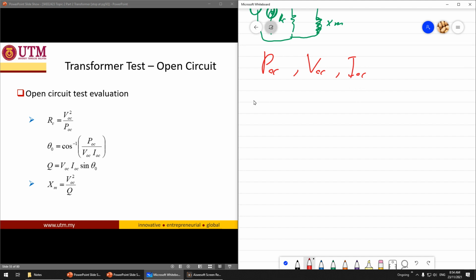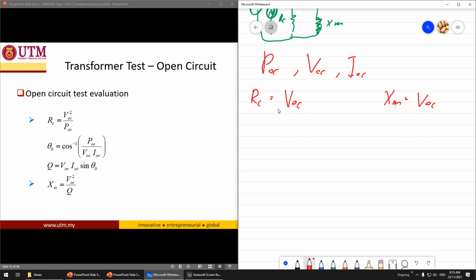So how to calculate the resistance RC? You want to calculate RC and XM. Because this is the open circuit test, you have to focus on the open circuit voltage, VOC.